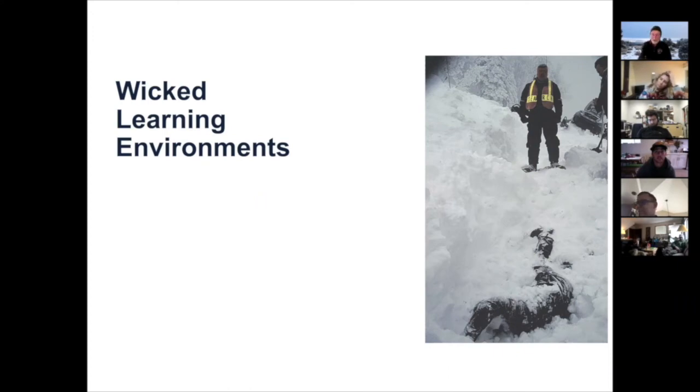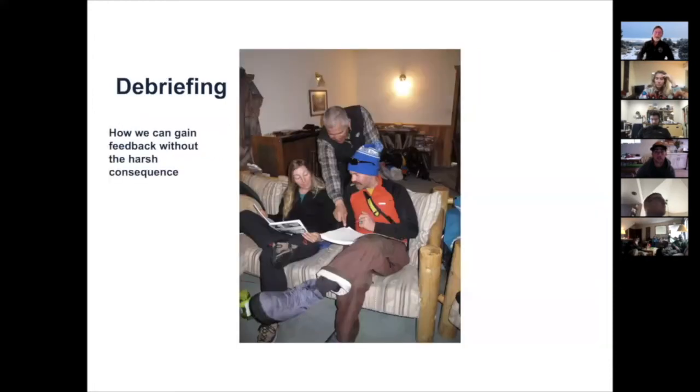The people last weekend got the immediate feedback. So in a wicked environment, because we don't get that feedback, we have a tendency to take increased risk over time. And debriefing is a way that we can gain feedback without the harsh consequence.